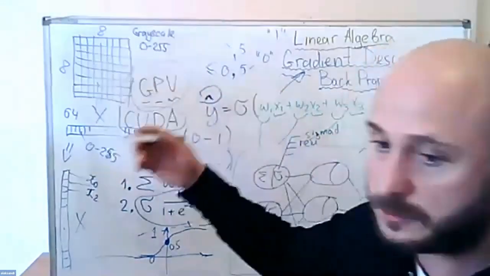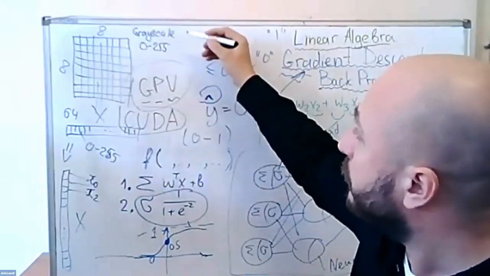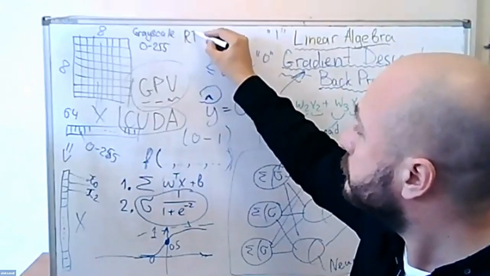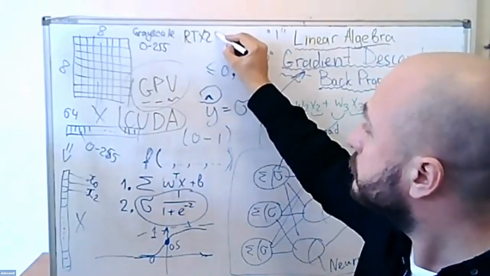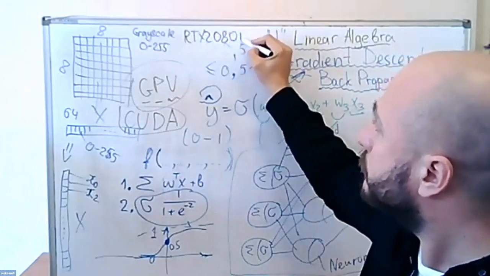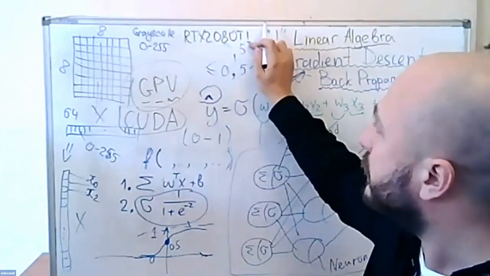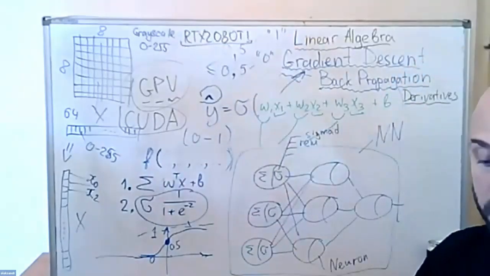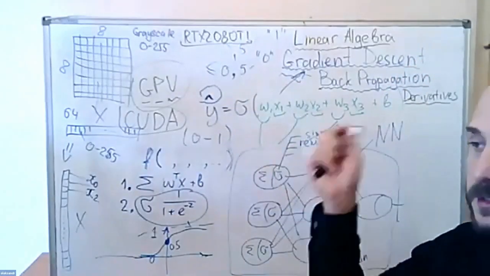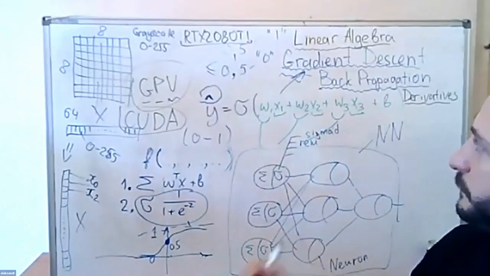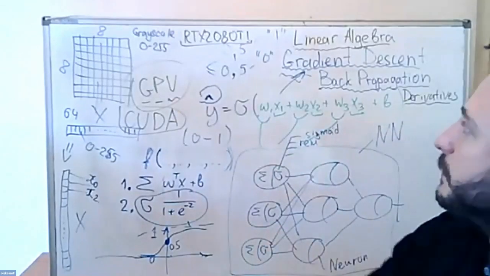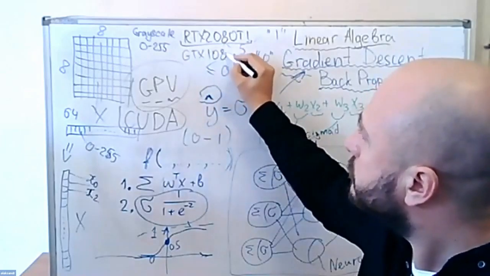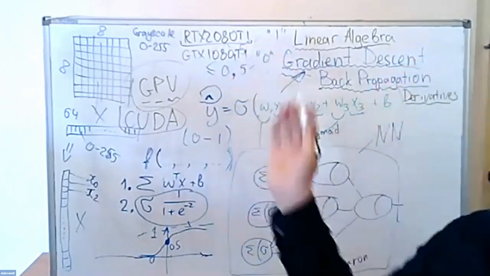For example, my team uses graphic cards of this type, but this is not the only available option. Titanix, Tesla, maybe many of them.